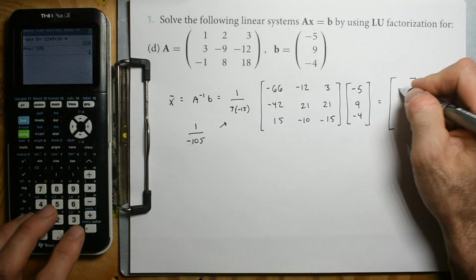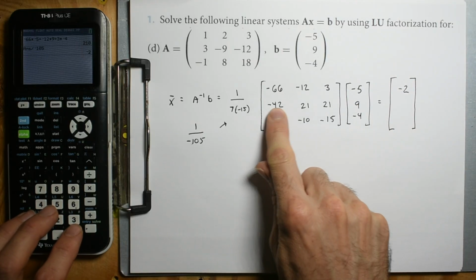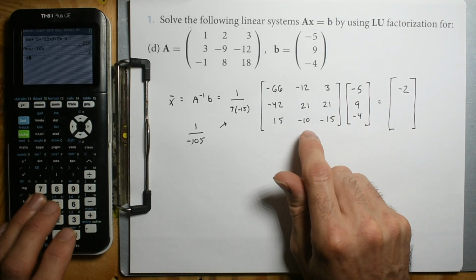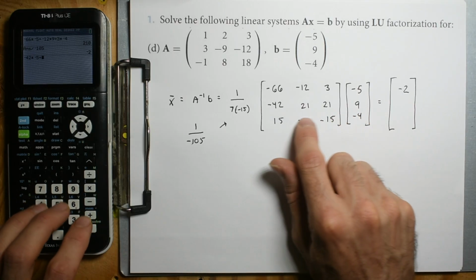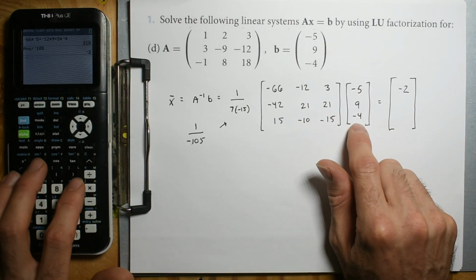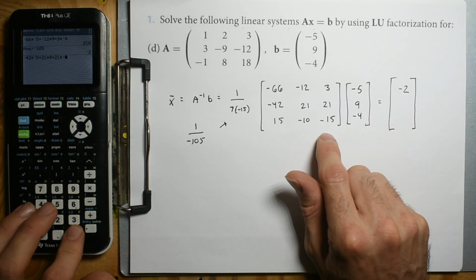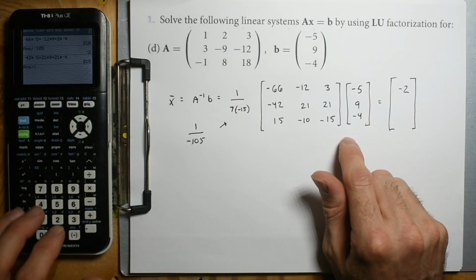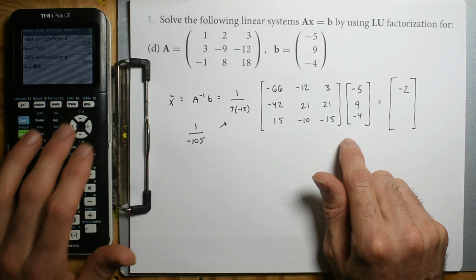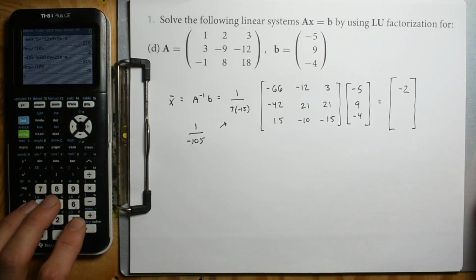So this is negative 2. Booyah. Next row, this column: negative 41 times negative 5 plus 21 times 9 plus 21 times negative 4, divided by negative 105, and we get negative 3.